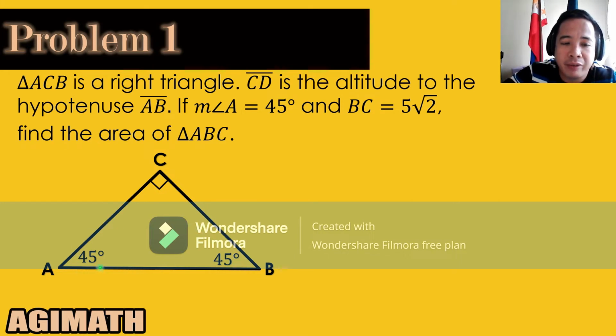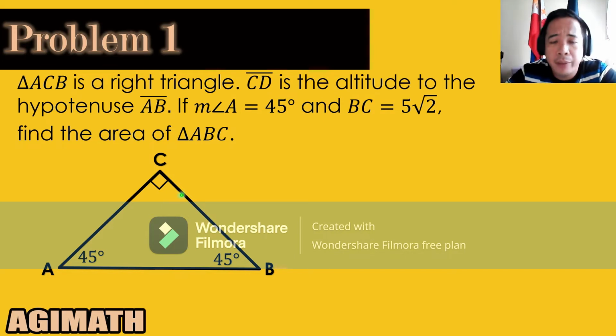So if this is 45, then angle B should also be 45, so that we can have a sum of 180 degrees. Now, looking at the right triangle, we can say that this triangle ACB is a special triangle, the isosceles right triangle, because we have the angles 45, 45, 90.